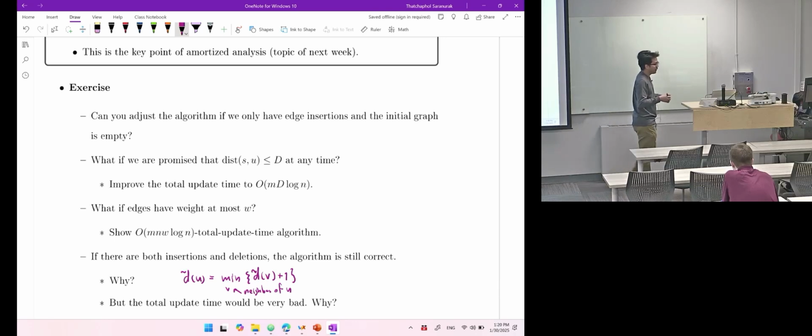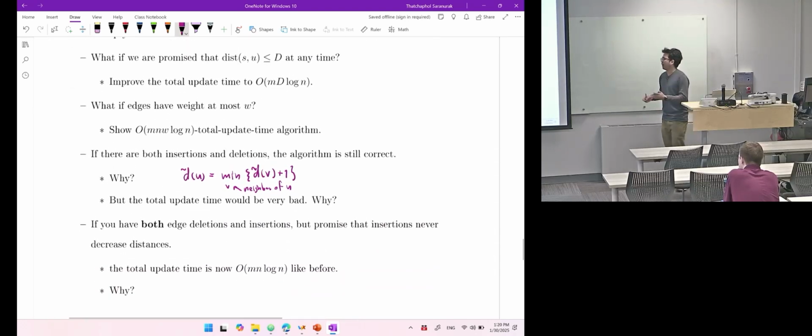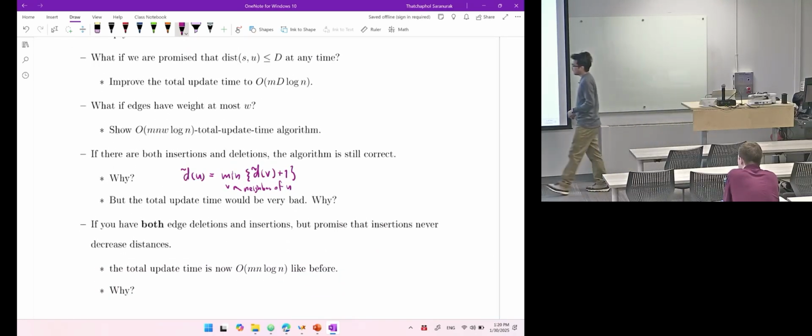The point is we exploit monotonicity of levels in this analysis. Okay. But now I hope you see that if I still have both insert and delete, but I promise that insertion never decreases distance, then it's still fine. I just promise monotonicity to you.